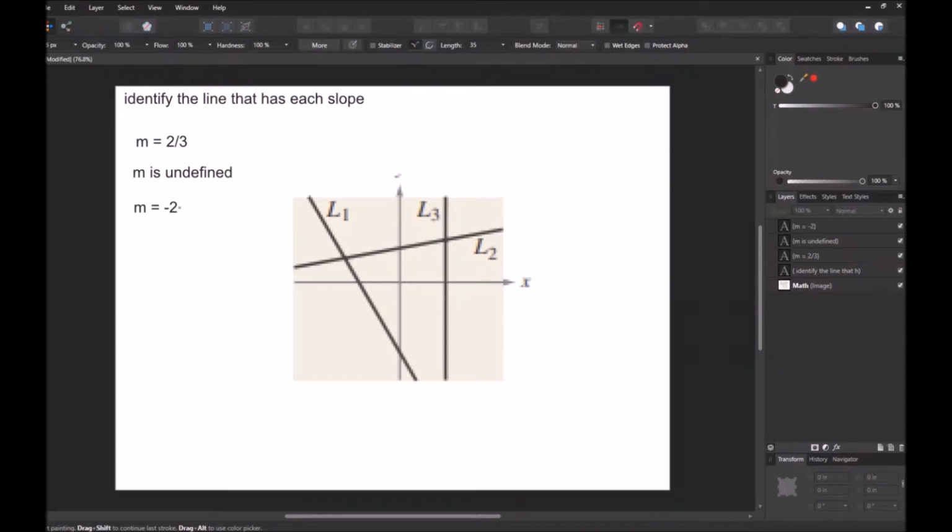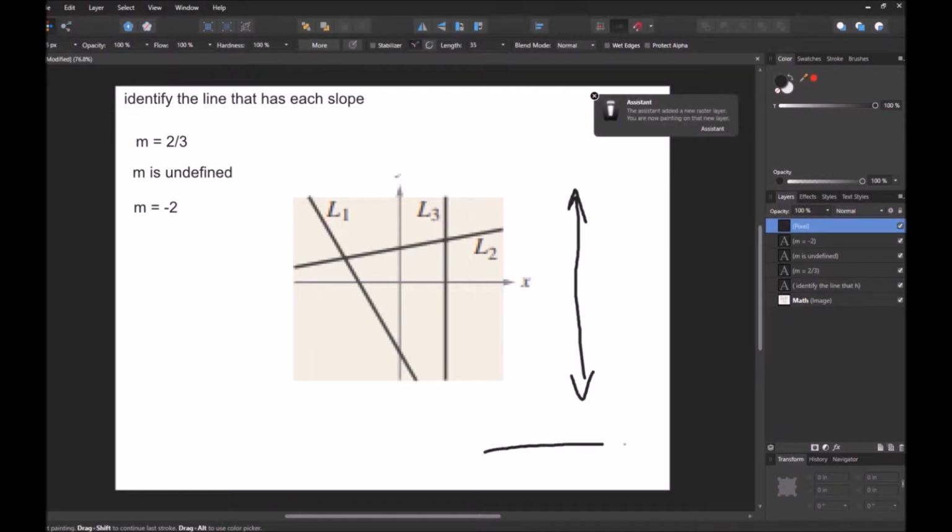Now, this whole problem can be solved just through the process of elimination, and here's how. If a slope is undefined, it means it's going straight up and down, because there's no run, the x value is 0, so as a fraction it would be undefined.